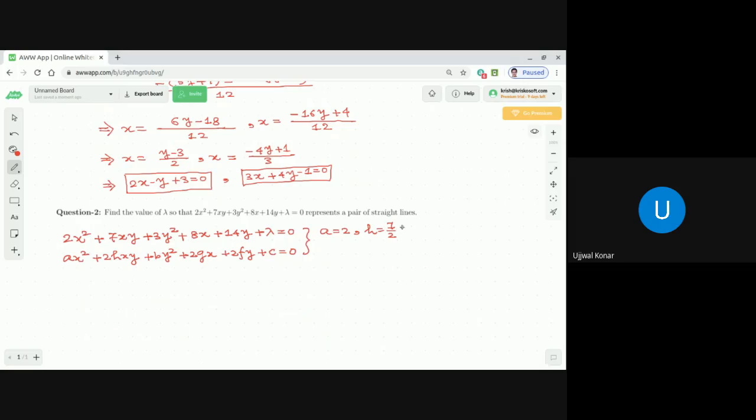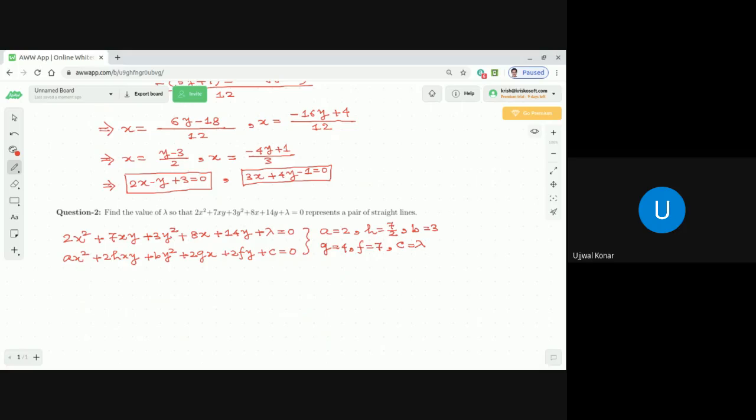Correct, not, dear students? So let me write 7 properly. It is 7 by 2. Then b is equal to 3. g is equal to 4. f is equal to 7. And c is equal to lambda.